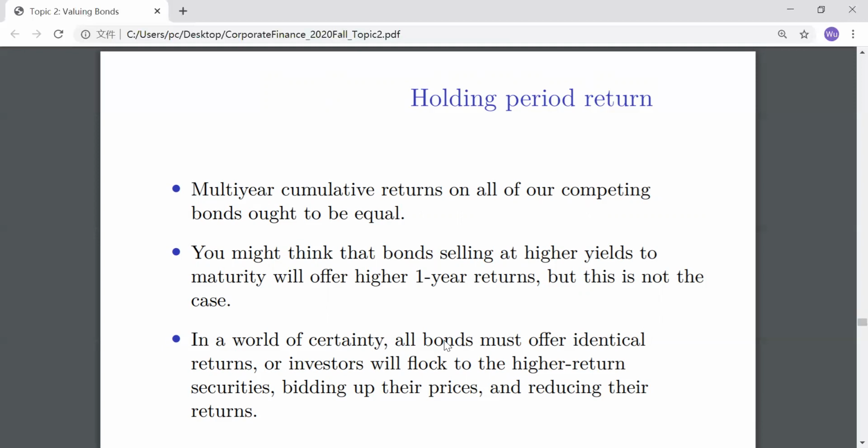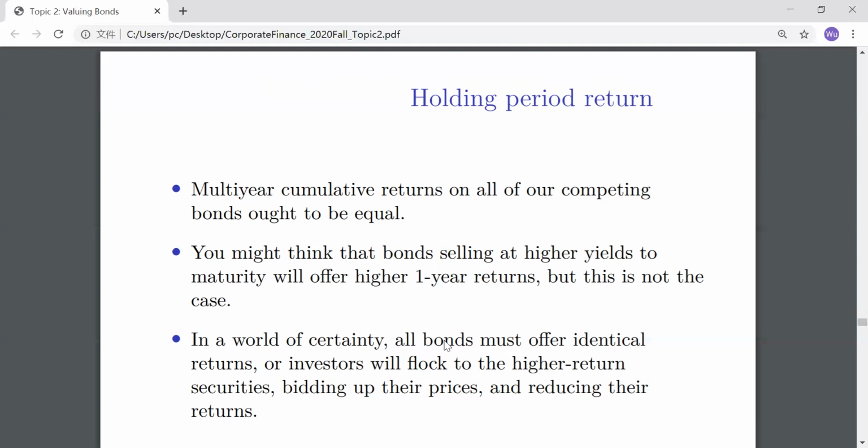That's the idea. You might think that the bonds that are sold at a high yield to maturity will offer higher 1 year return, but that's not the case. Because in a world of certainty, because we know all the future rates, all bonds must offer identical returns. So that means 10-year bonds should offer the same rate of return as a 1 year bond. So that is the idea.